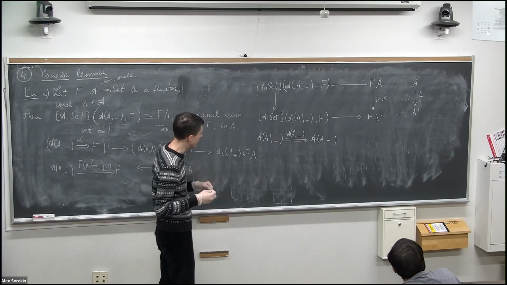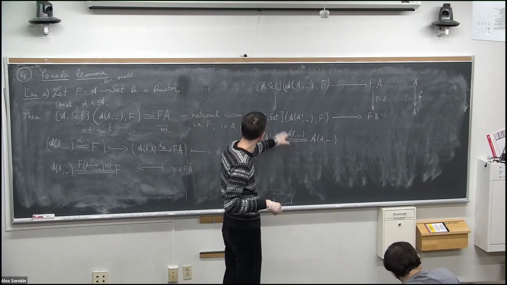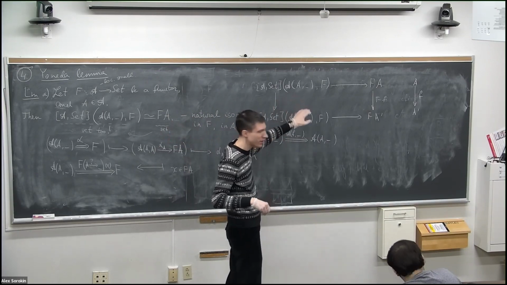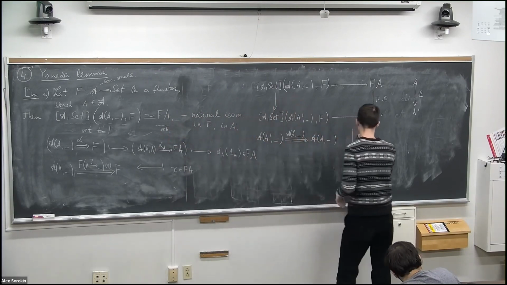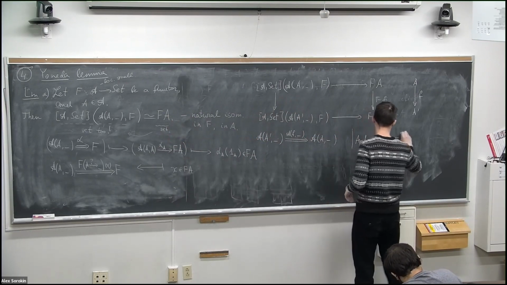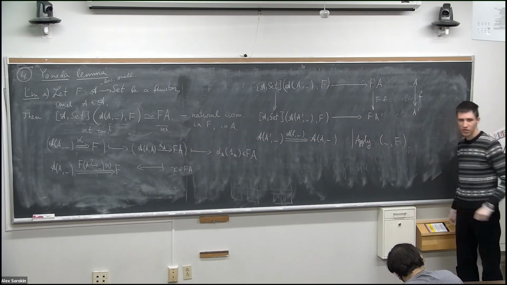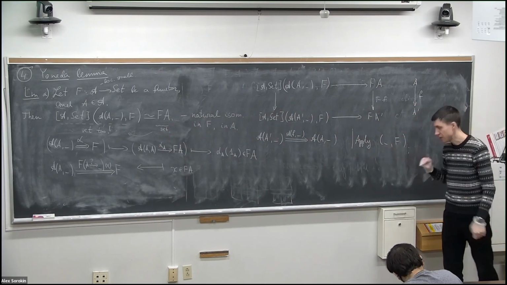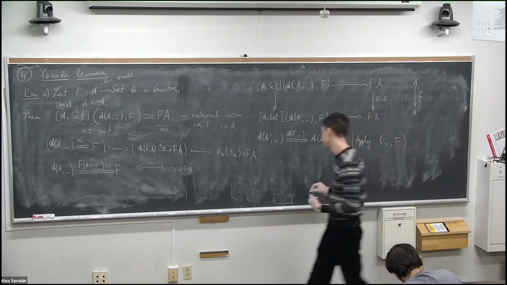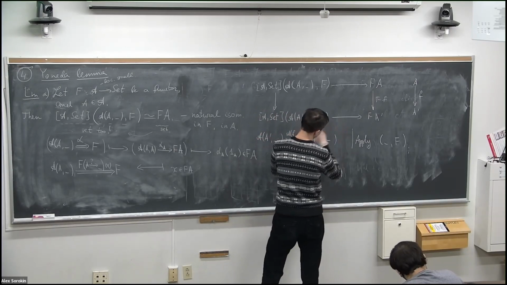Then you are again applying the representable functor with a representation f, but it's contravariant, so it's again turns.